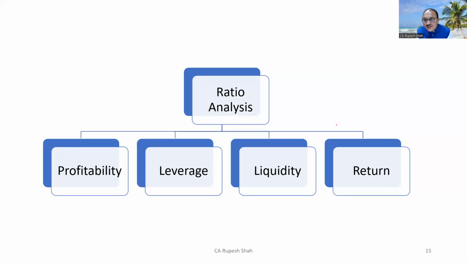But one has to be very careful that leverage to some extent is okay. A leverage beyond a point can become very, very risky. When the cycle turns against you, it can even kill you as a business. So too much leverage is very risky.